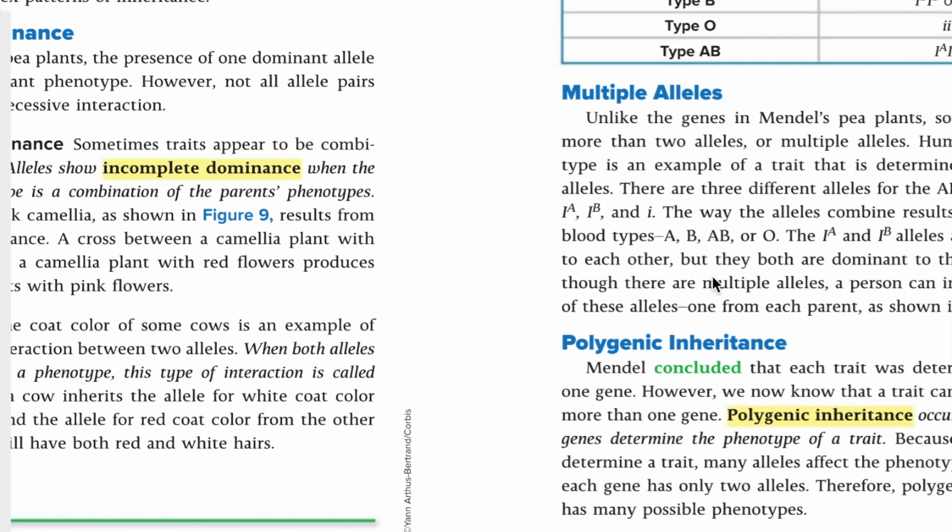People's eye color, they're not just brown and blue eyes. We have green and all shades in between. So polygenic inheritance just means that there is more than one set of genes that control a certain trait.